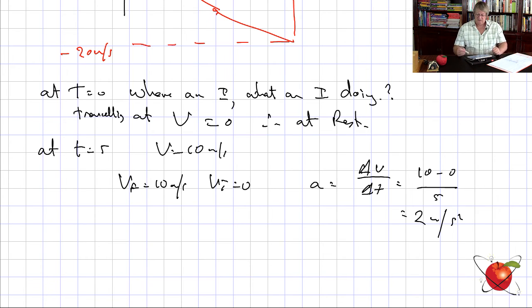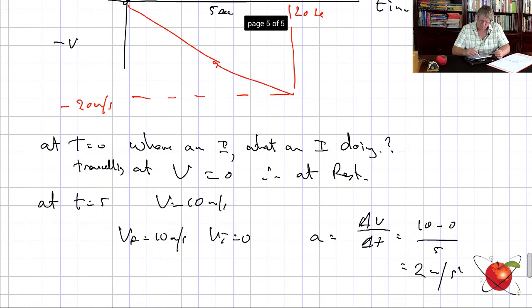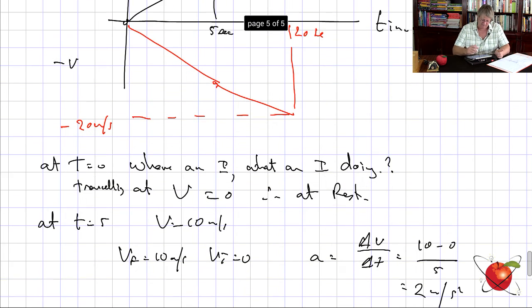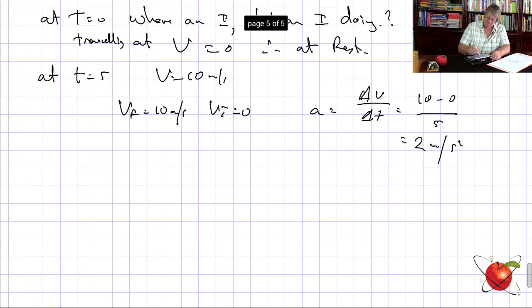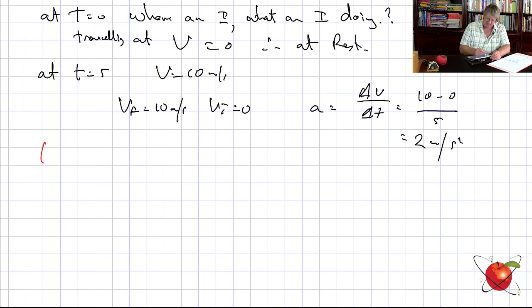Okay? So, let's go back and look at the next one now, on the red one. On the red side. Well, at t equals 0, I'm at 0, aren't I? And at t equals 20, I am traveling at 20 meters per second, right? So it means that at t equals 0, v was 0.